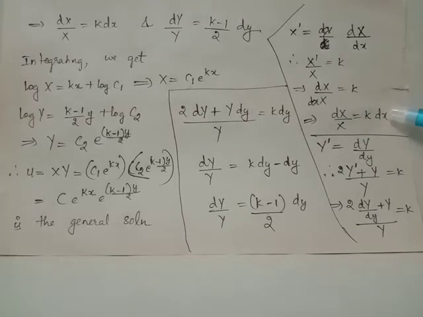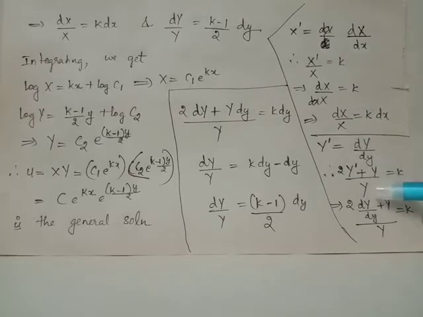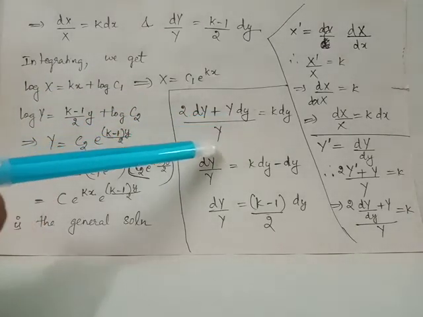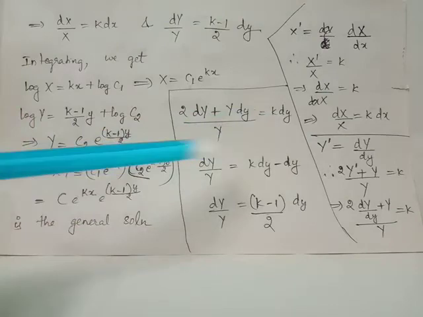Similarly, when we have (2Y' + Y)/Y equated to the constant k, where Y' = dY/dy, we have (2 dY/dy + Y)/Y = k. When you multiply both sides by dy, this equation becomes (2 dY + Y dy)/Y = k dy.